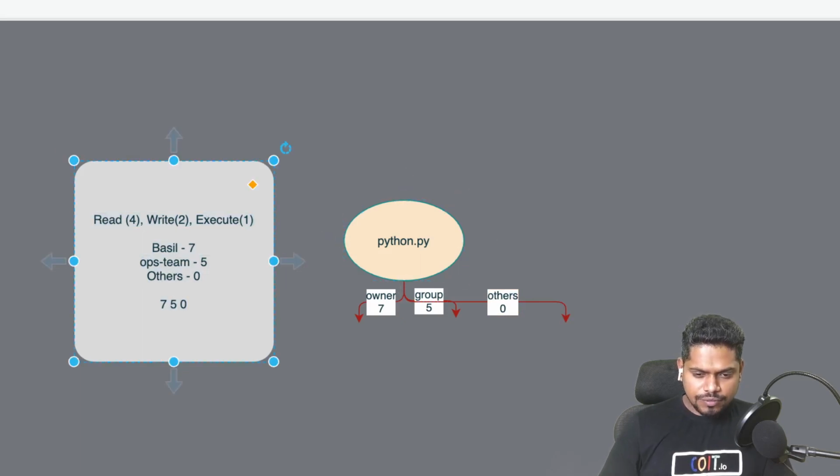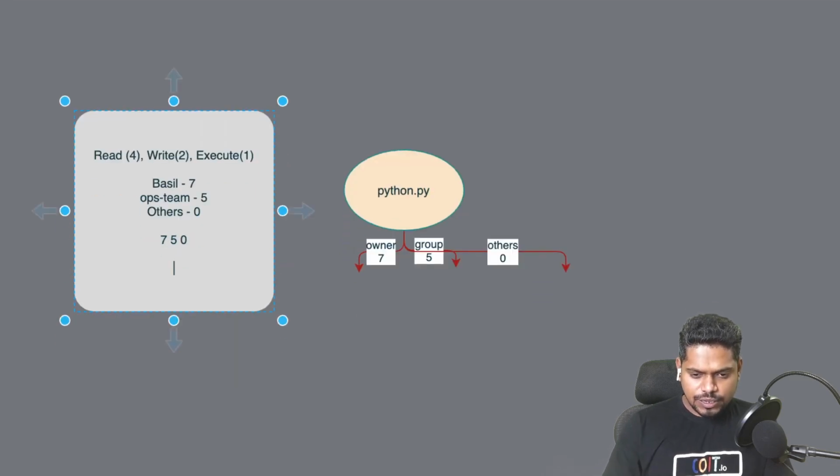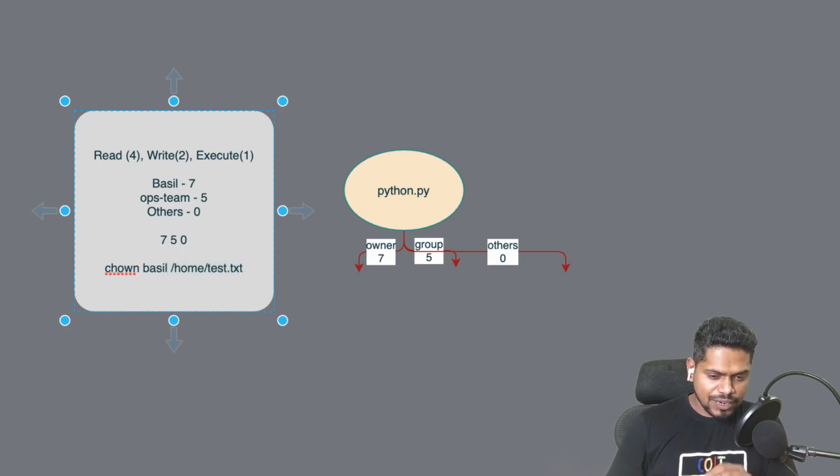Then there are different commands in Linux that allow you to set these permissions. Using a command called chown, assume this is the file /home/test.txt, I want Basil to be the owner of this file. The Linux command chown will make Basil the owner of the file.